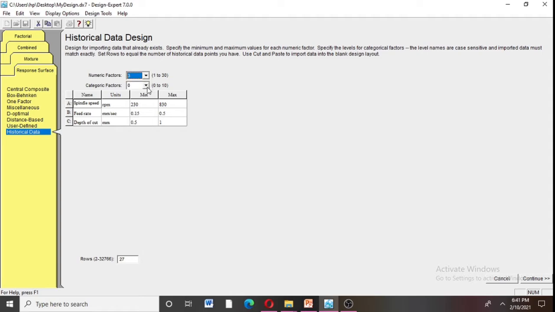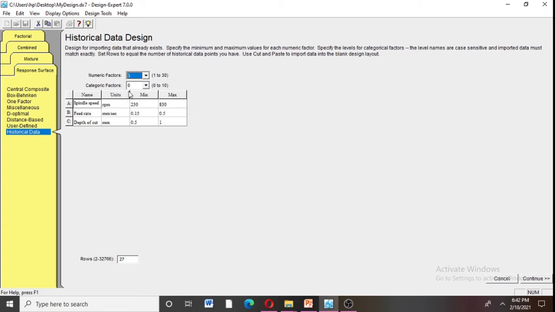Categoric factor is different, because if I consider different tool materials or different workpiece materials but make the analysis within one flow, I can choose categoric factor. I can categorize the factors also. But in our experiment, I consider only one workpiece material, mild steel, and only one tool material, HSS, so the categoric factor is 0.